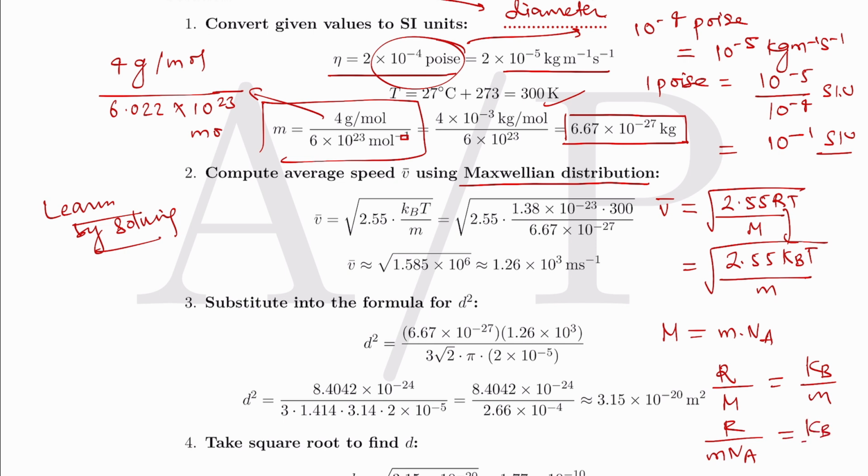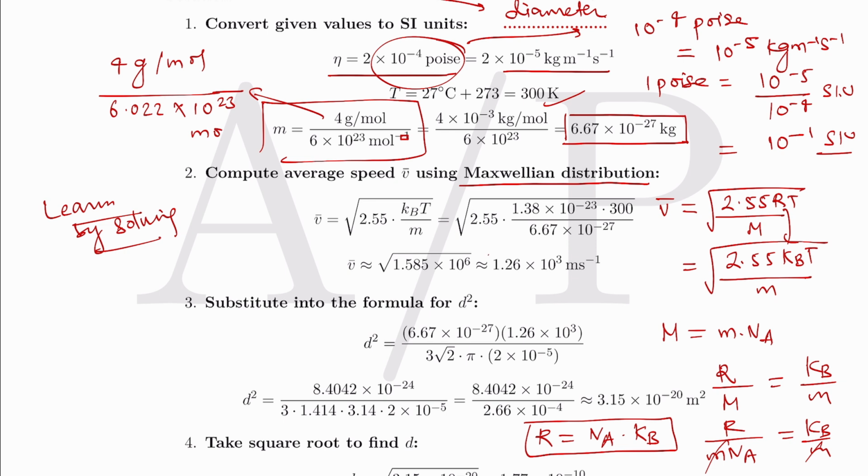You can cancel out small m on both sides, and you can write that R is nothing but Avogadro number multiplied by the Boltzmann constant. This is how you use basic intelligence to just learn while you are solving, so that you don't forget even the most fundamental concept, and you can use that whenever needed.